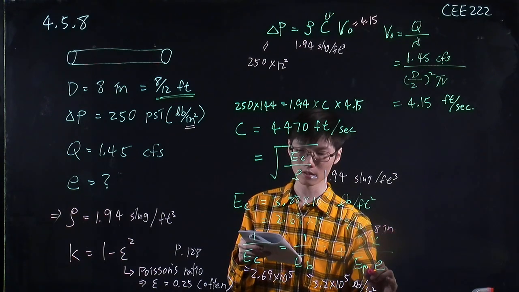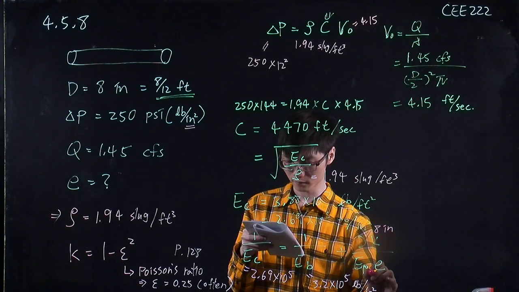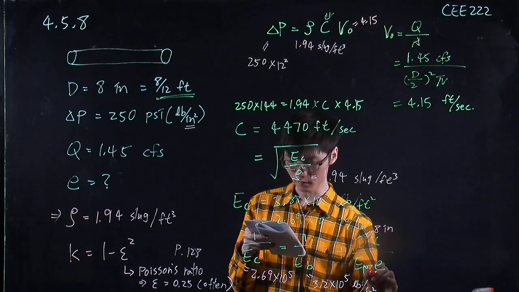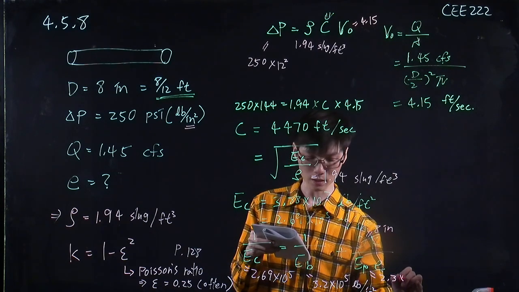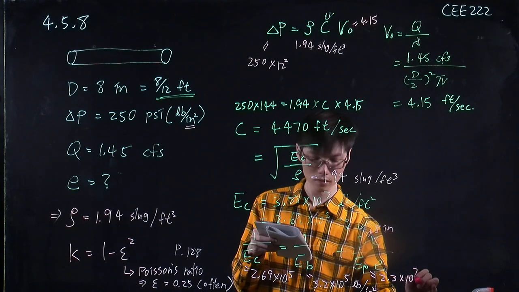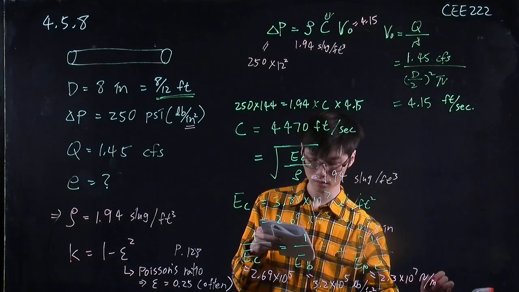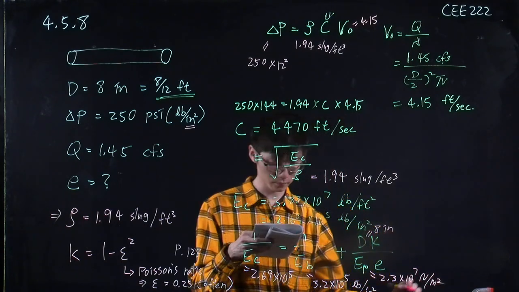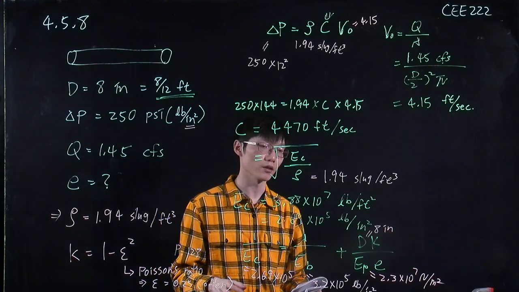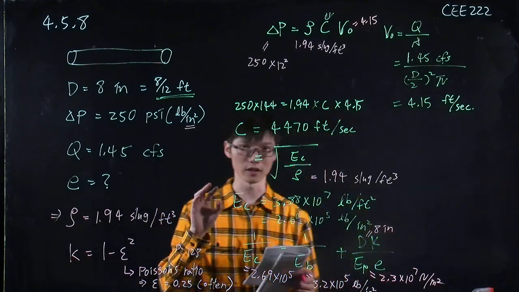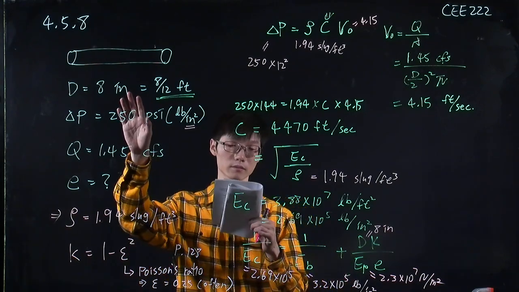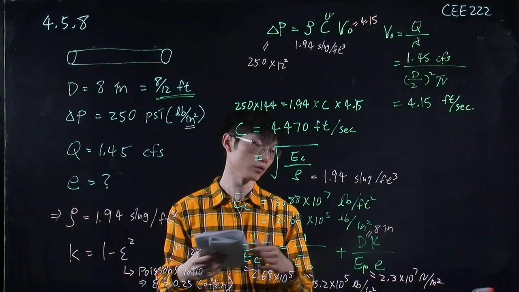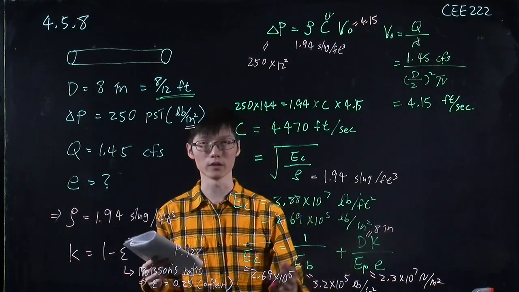And EP is equal to 2.3 times 10 to the power of 7 Newton per square meter. You can find this EP value from the table that we keep mentioning. And this is iron pipe, so you just find the corresponding value for the iron pipe.